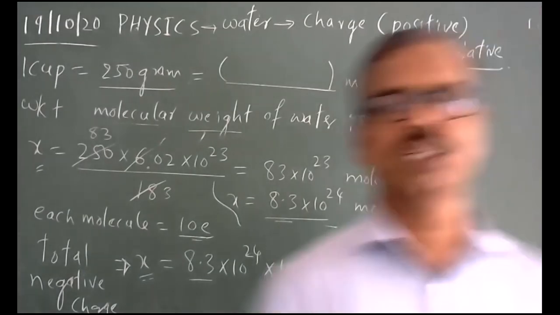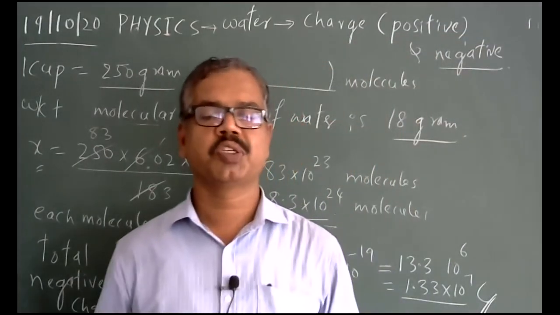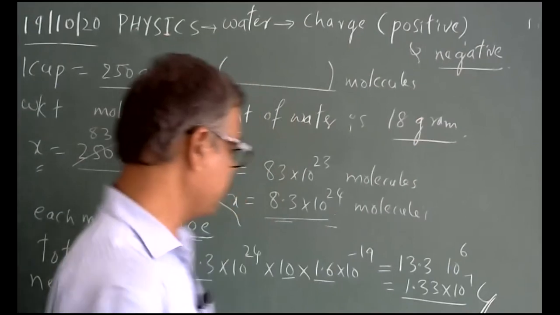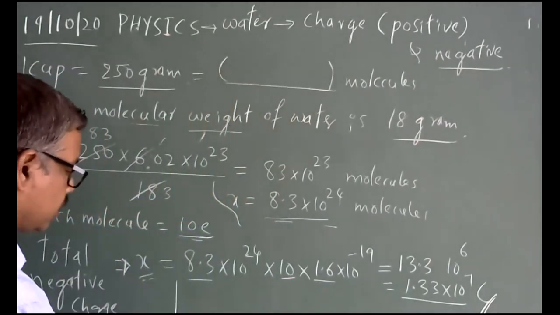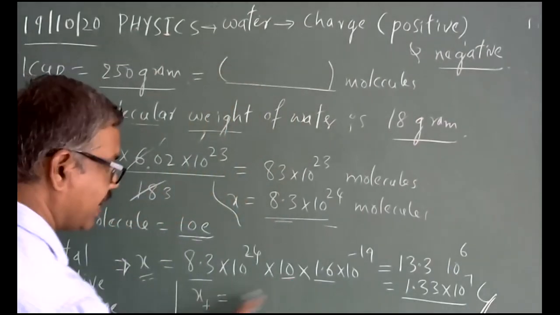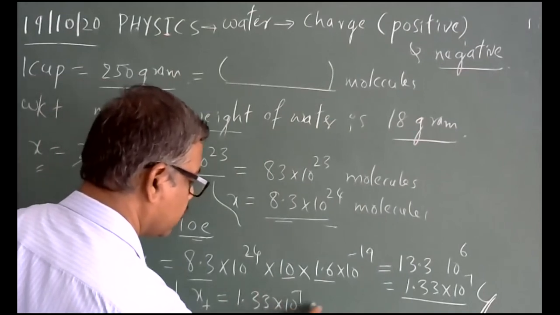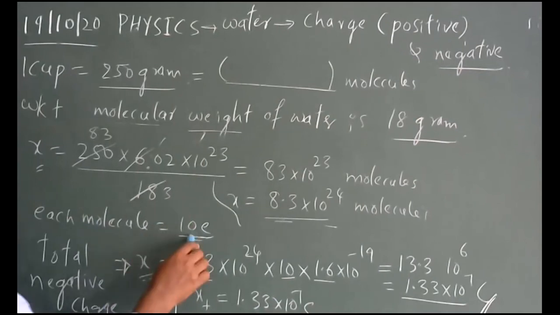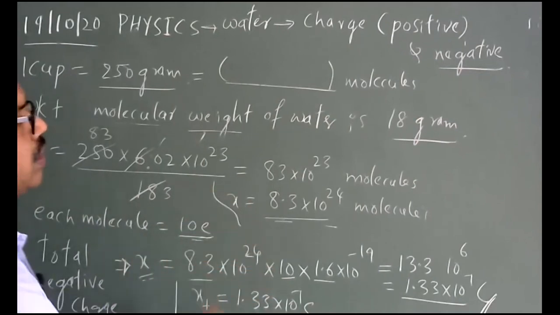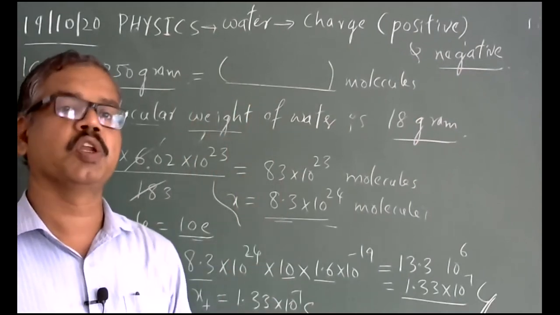If this is a negative charge, then the amount of positive charge will be of the same magnitude. For positive charge, you will have the same value, 1.33 × 10^7 coulombs, because you have 10 electrons and 10 protons in one molecule of water.